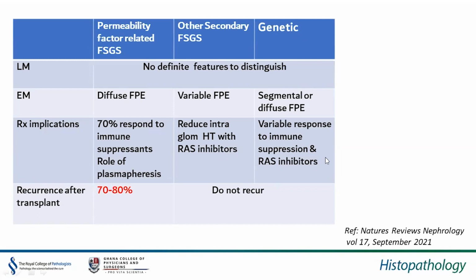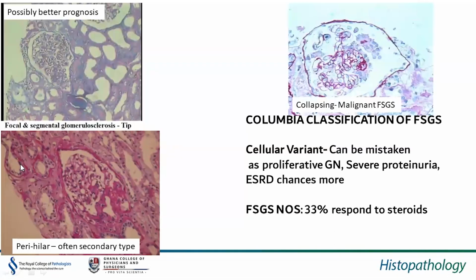For genetic FSGS, they have a very variable response to immunosuppression and RAS inhibitors. Recurrence after transplant occurs in 70 to 80% of the permeability factor related FSGS, while the secondary forms and the genetic forms do not recur following transplant.